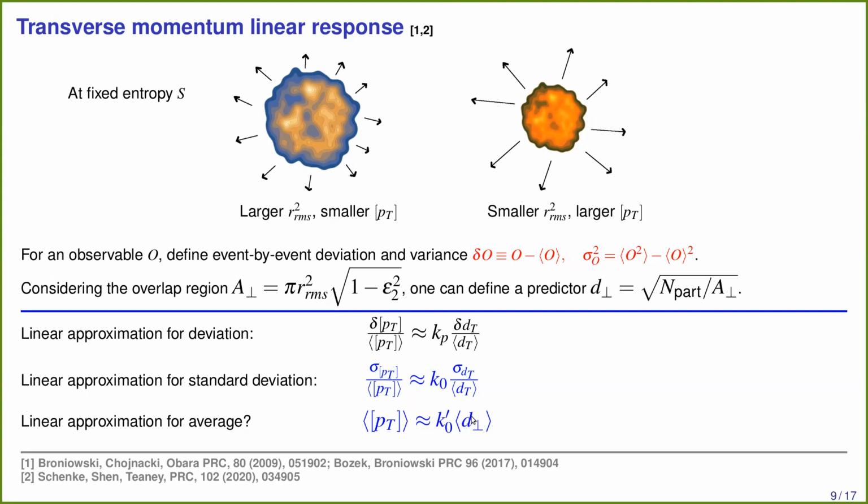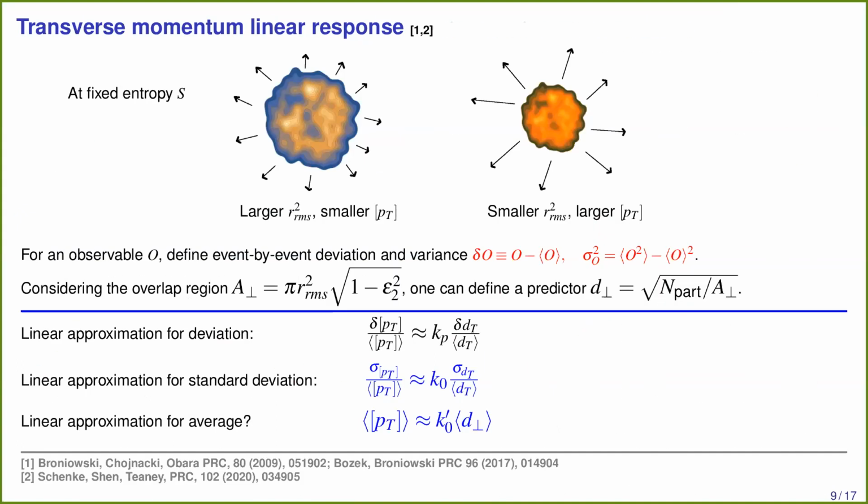In particular, the mean pT is much more strongly impacted by free streaming. All this pre-equilibrium stuff contributes to the mean pT. You can see they're related: if you take a derivative, they are linearly proportional, but the actual values are not very good. You will see in the next slide that it's not very good.